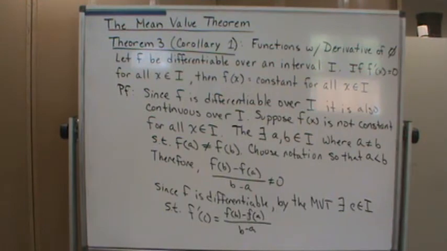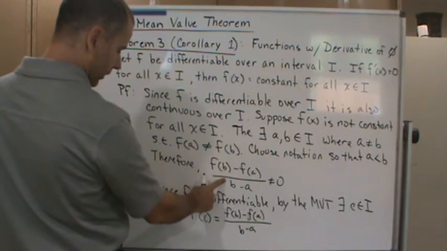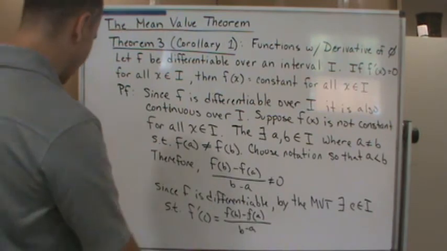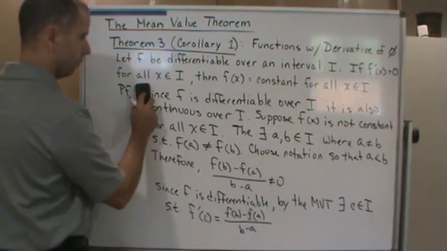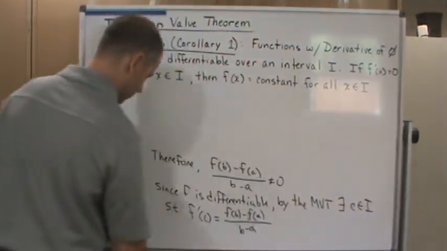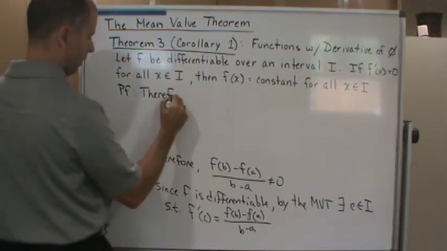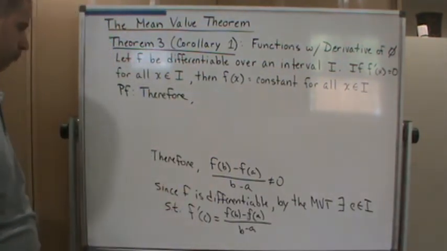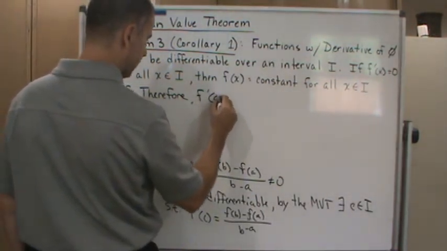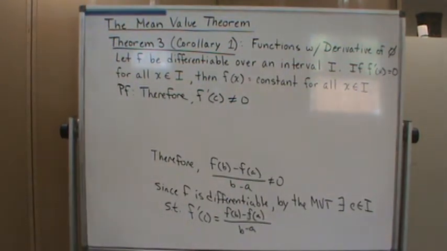Now, since this is not equal to 0, and by the mean value theorem this must be true, that means f prime of C is not equal to 0.